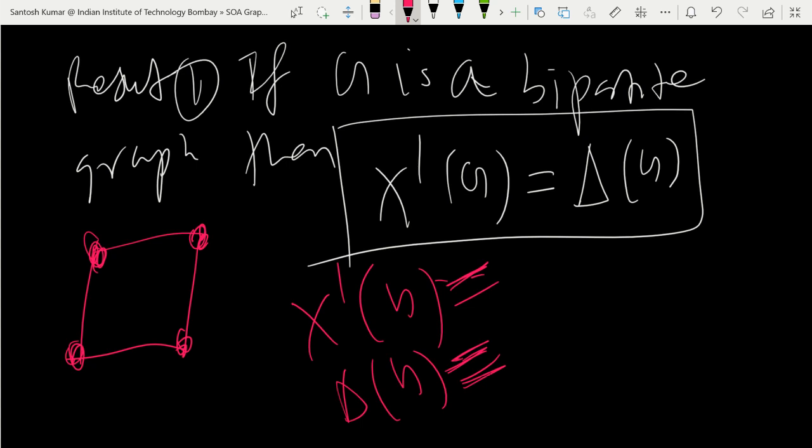Yes. So 2. Okay, both are 2. So 2 and 2, right? Yes. So color 1, color 2, color 1, color 2. You can give like this.